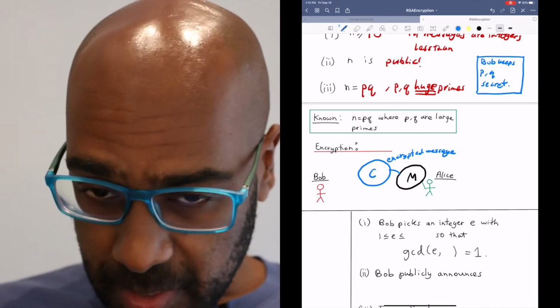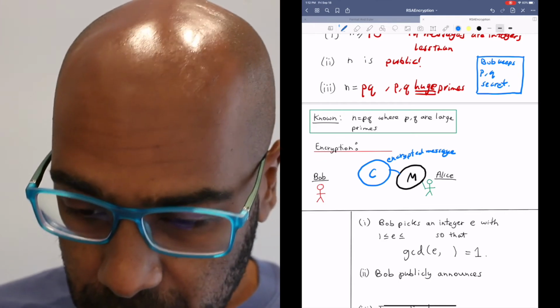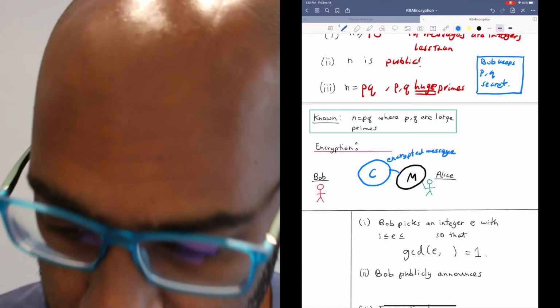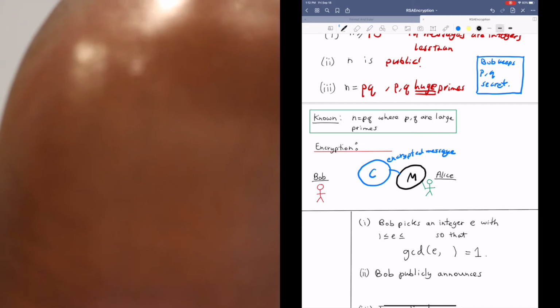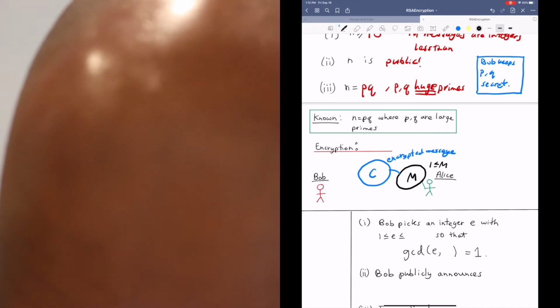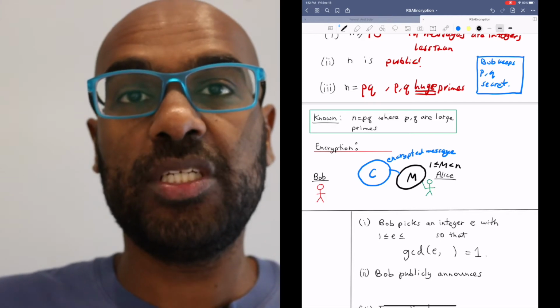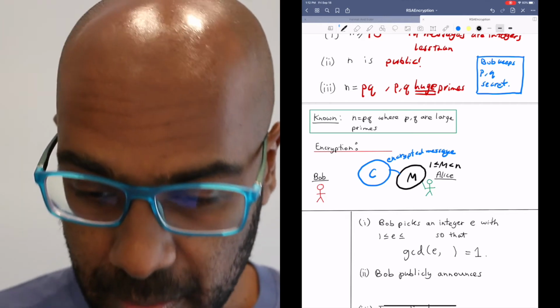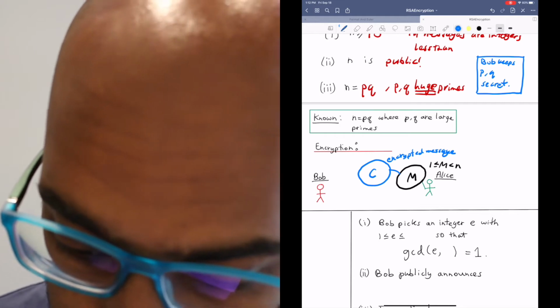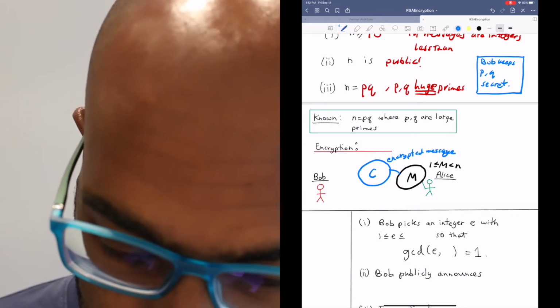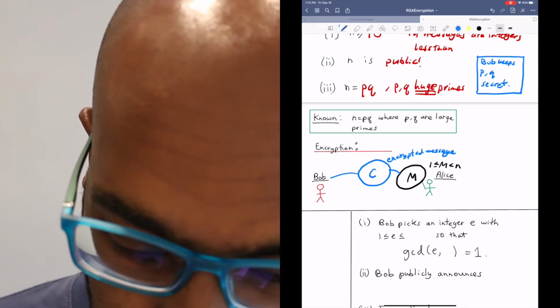And this encrypted message is going to be an actual number. M itself is a number as well. We've taken our actual message, changed it into a number, and that number is being sent. So Alice is going to change this to something, and that's the thing that's going to get sent to Bob.